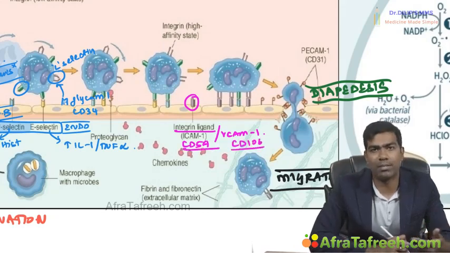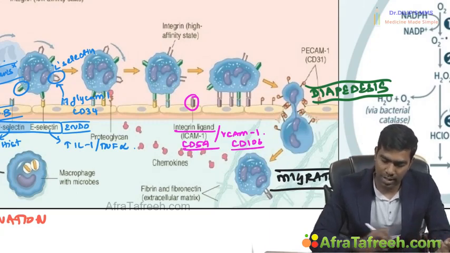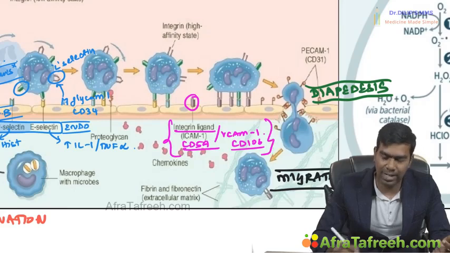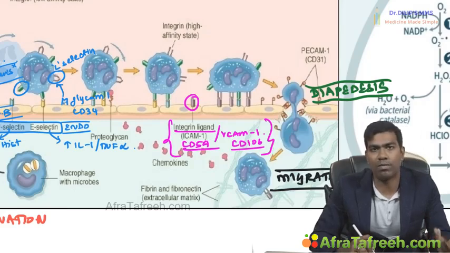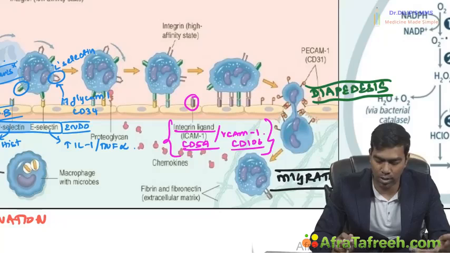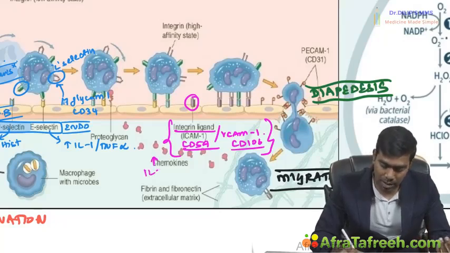So these are expressed on the endothelial side, and the expression of these integrin ligands, that is ICAM1 (intercellular adhesion molecule) and VCAM1 (vascular cell adhesion molecule), is increased by the same interleukin 1 and TNF alpha.